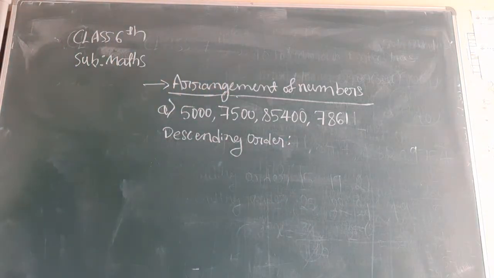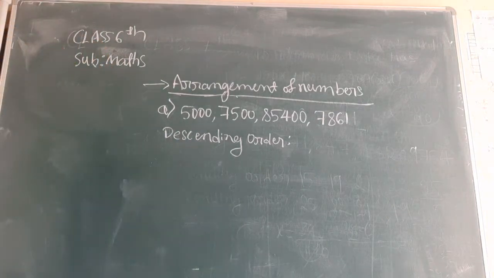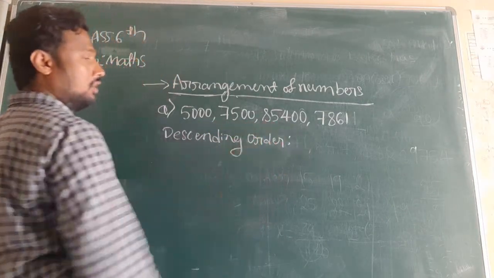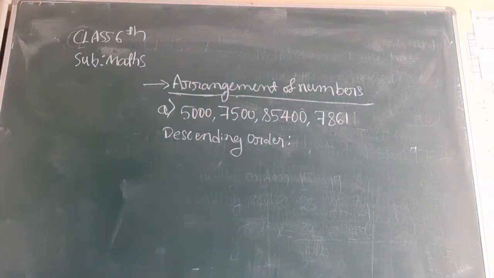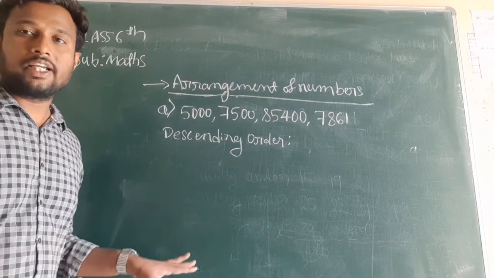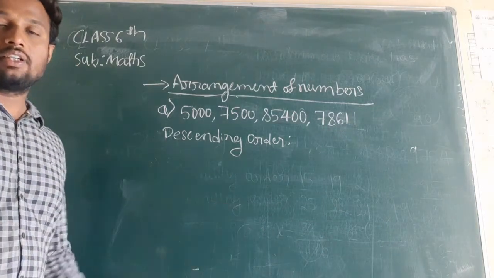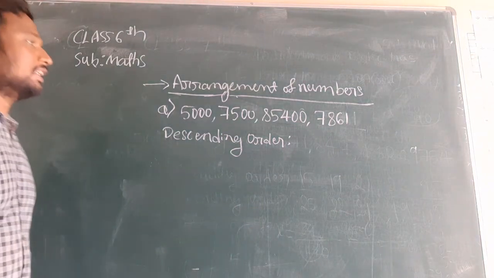So let us see here, which is the smallest value we have to check. Here one is a 5-digit number and the other three numbers are only 4-digit numbers. So while writing in descending order, what is the definition? We have to write numbers from highest value to lowest value. This is greatest to smallest. So which is the greatest value here?